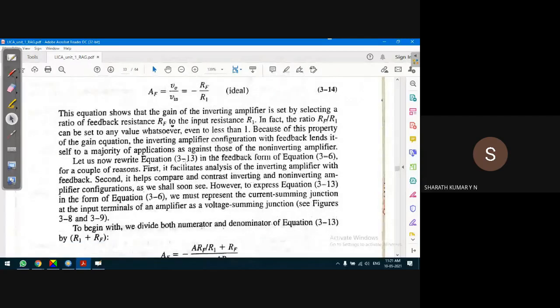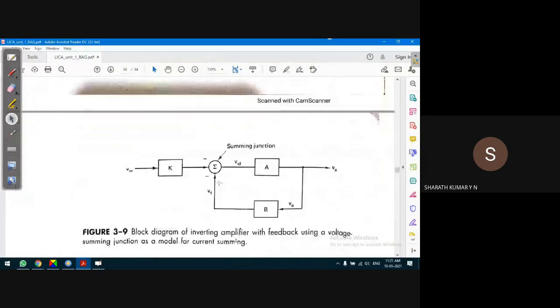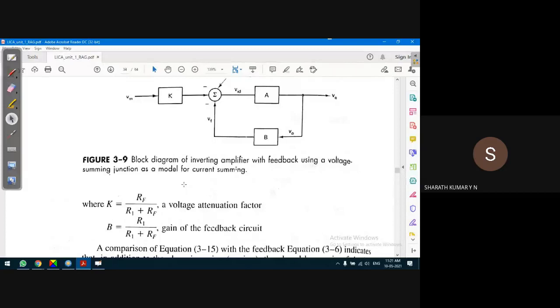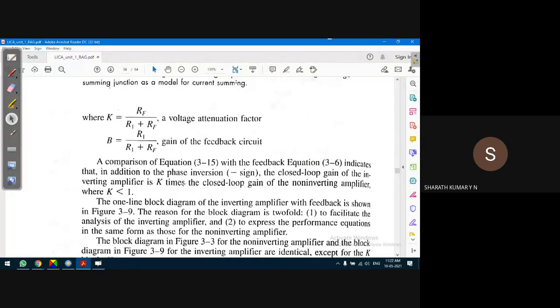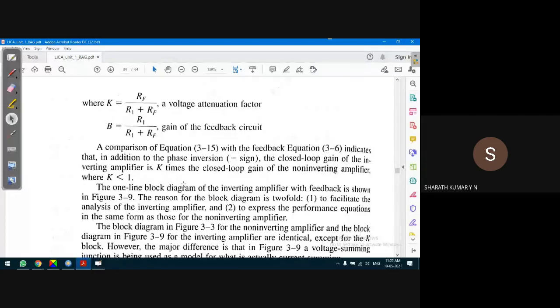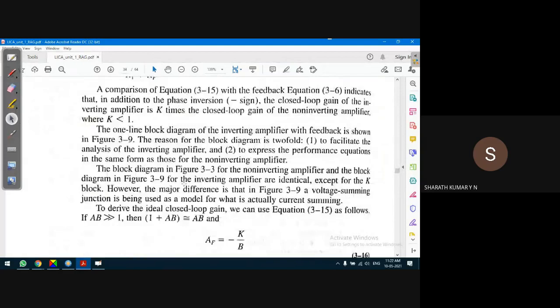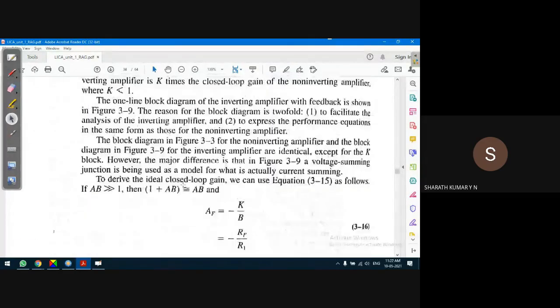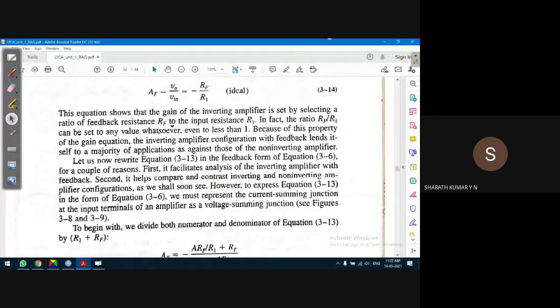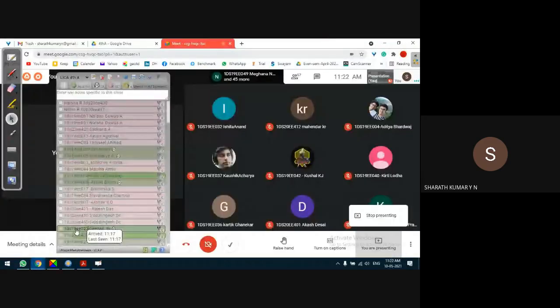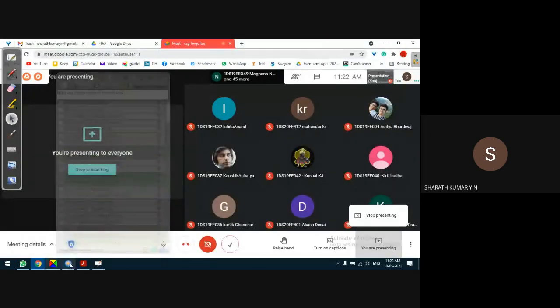This we discussed for both the inverting amplifier as well as non-inverting amplifier. Okay. Page numbers are correct. Somebody is on the line, just a second.